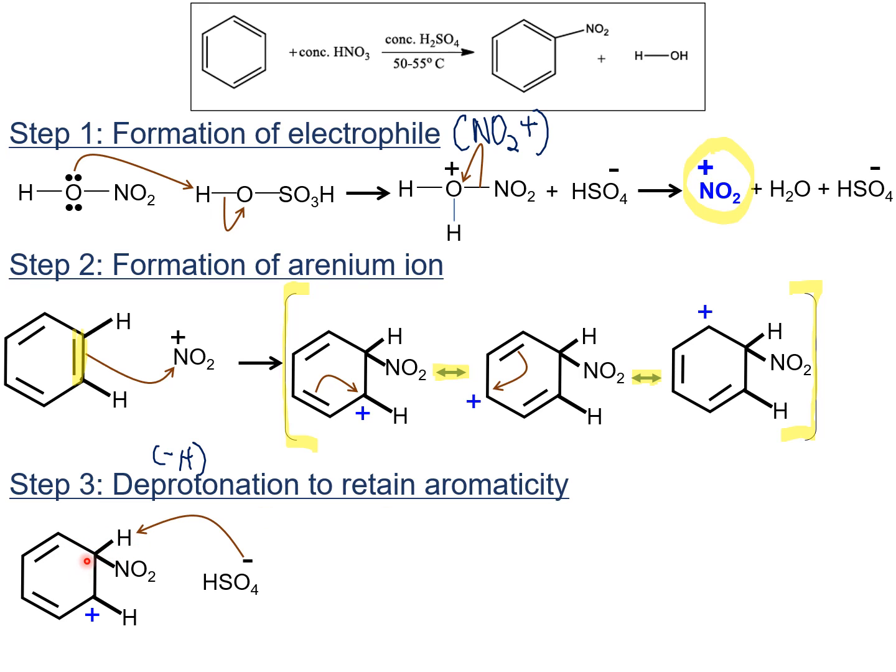Faham? Lepas tu dia deprotonate, dia ambil this hydrogen, and then to retain the aromaticity, this hydrogen atom dia akan break the bond dengan this carbon atom, and also dia akan terus buat double bond. Faham? So daripada arrow ni dia kena terus macam ni. Okay? Lepas tu nanti you dapatlah the major product ni, dapatlah double bond kembali macam ni.